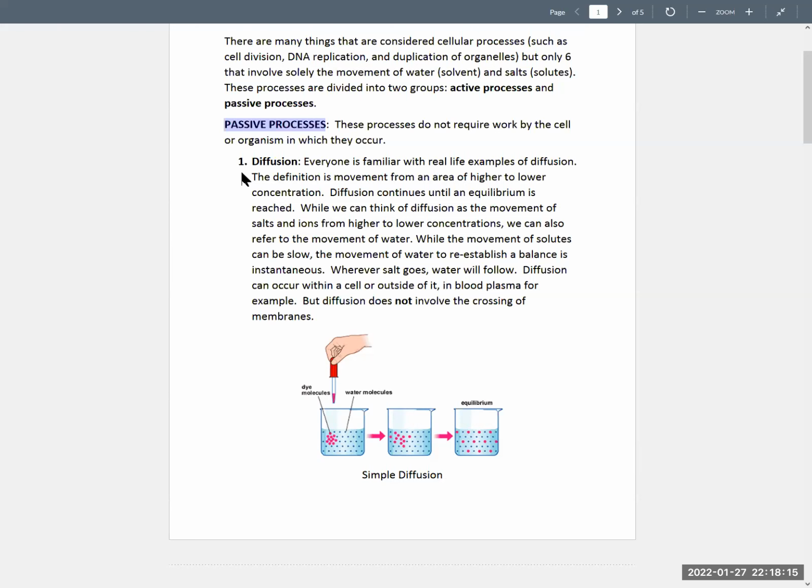And then I open the jar, we expect the molecules to begin to evaporate and concentrate first around the jar, but then to diffuse out until they become totally diffuse and equal throughout the room.